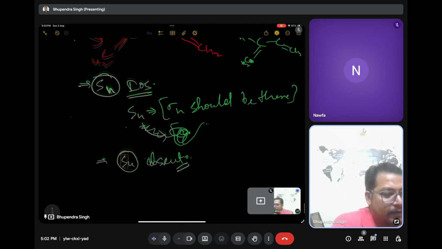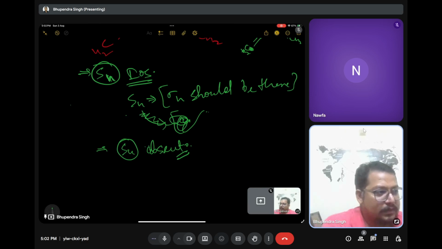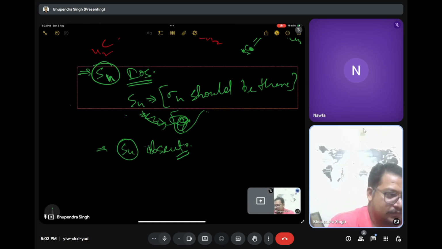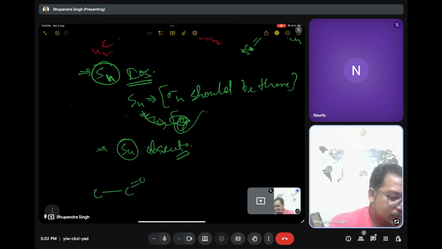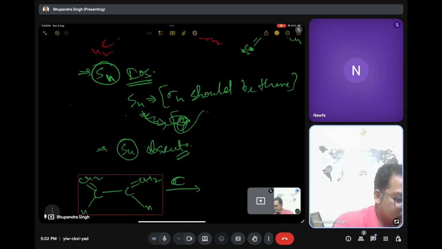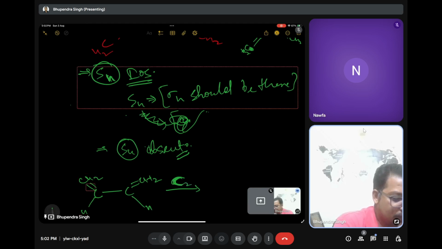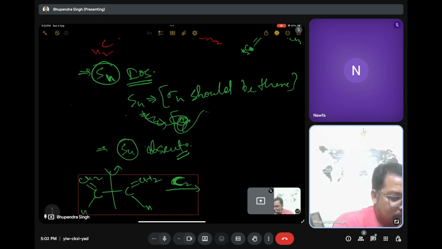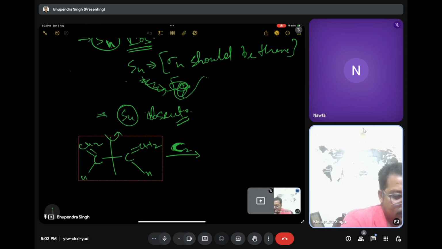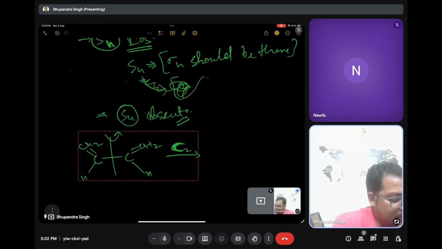Or we can try to find out, like we did for the other case also. CH2, CH2, H, H. This was our molecule, and after applying, let's say, axis of rotation C2, you will get the same structural orientation.